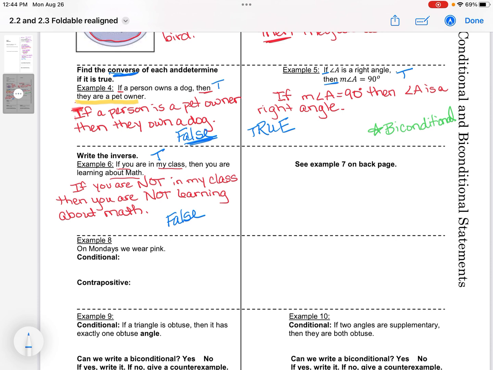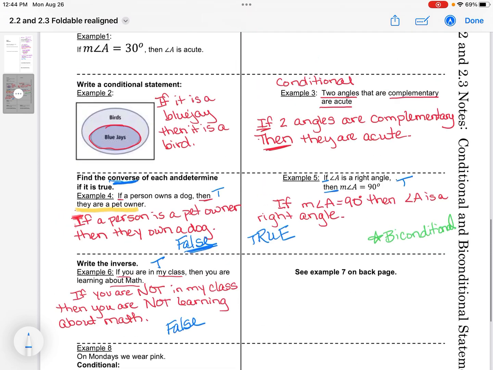But it's possible that you're not in my class and you're still learning about math. You could be in tutoring. Okay, so that's what negating means, is we put the word not in, basically.